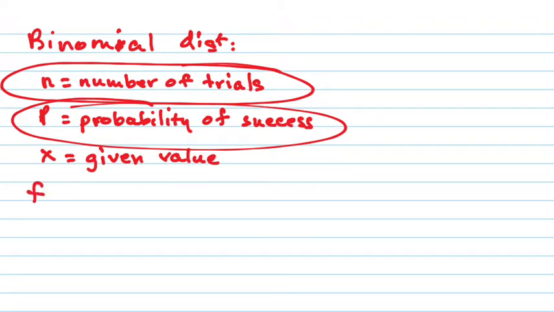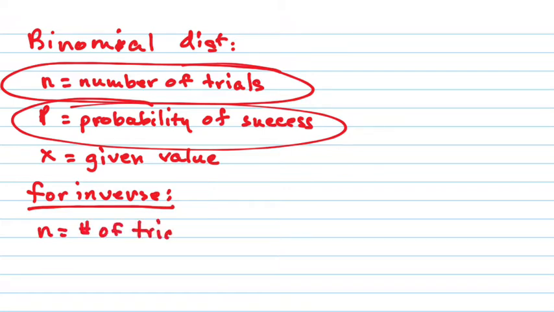So for inverse, we need to remember that we're going to have some unknowns, so we're going to have an equation to solve. In the equation, n is still the number of trials. That doesn't change. p is the probability of success.